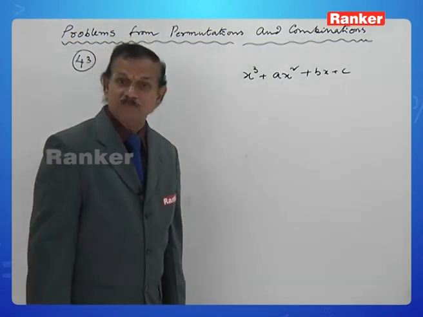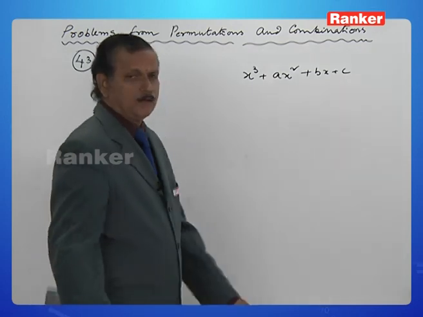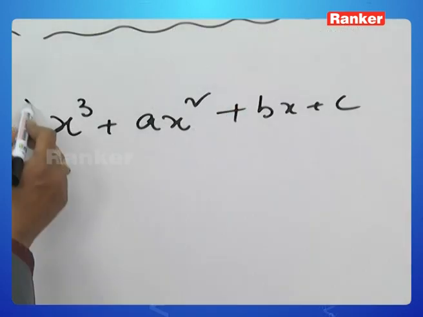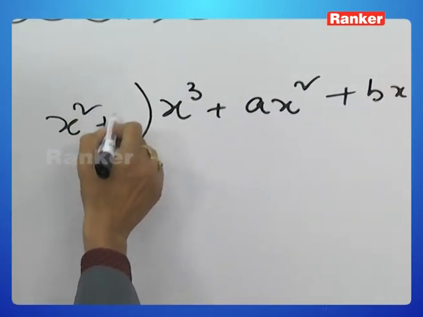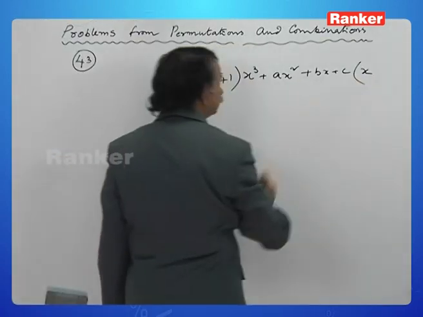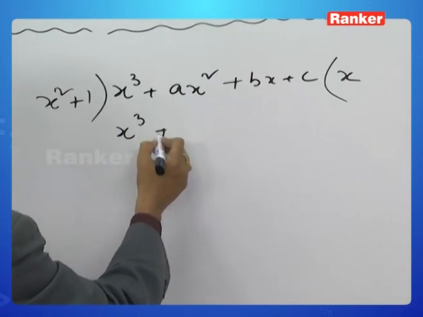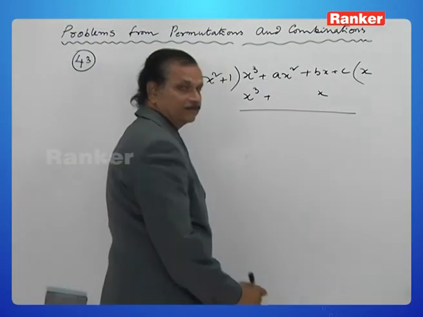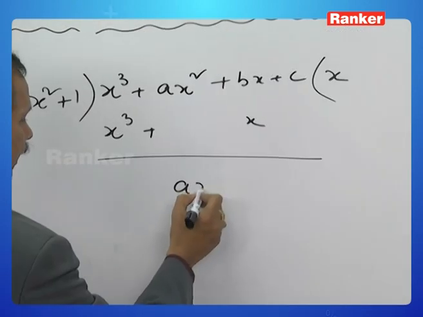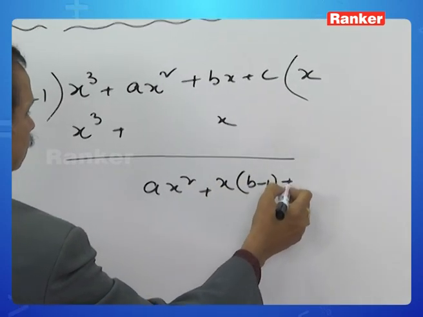When can that polynomial be divisible by x square plus 1? Let us check. Divide it by x square plus 1. x times x square plus 1 is x cube plus x, subtract: ax square plus x into (b minus 1) plus c.